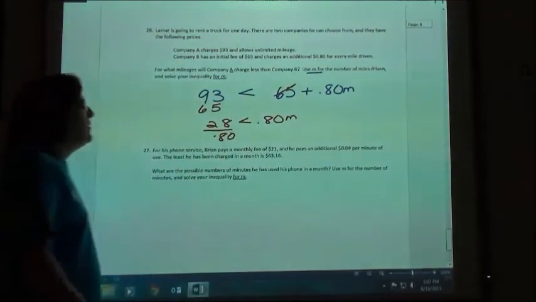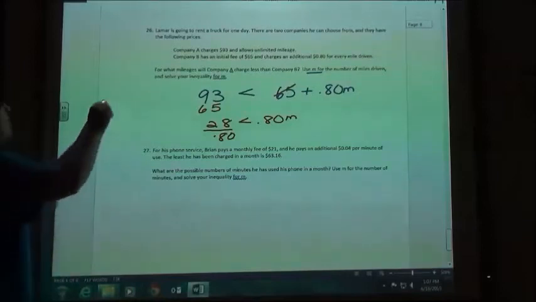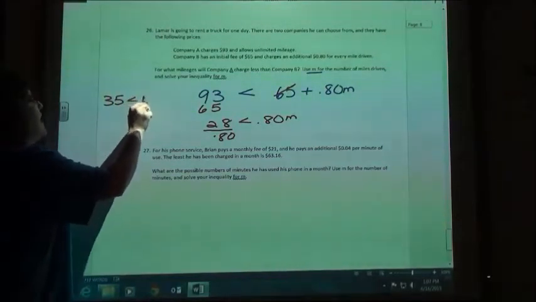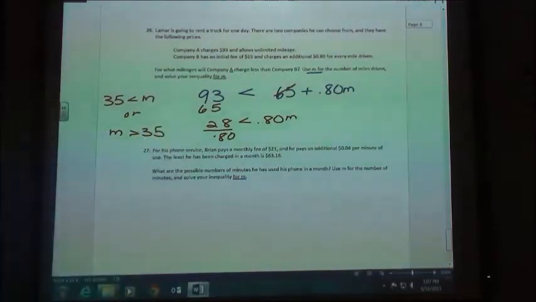So I would get 35 is less than M, or M is greater than 35 just because it makes more sense. If I drive more than 35 miles, A is going to charge less than B.